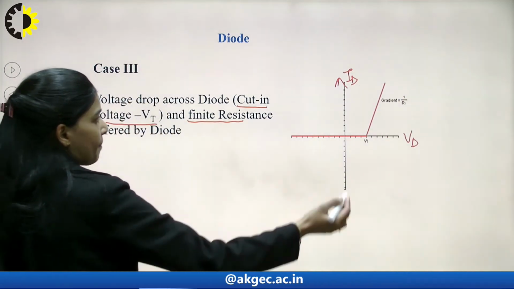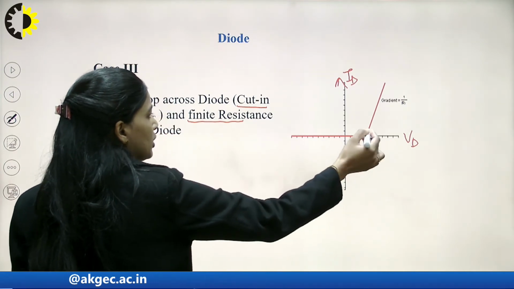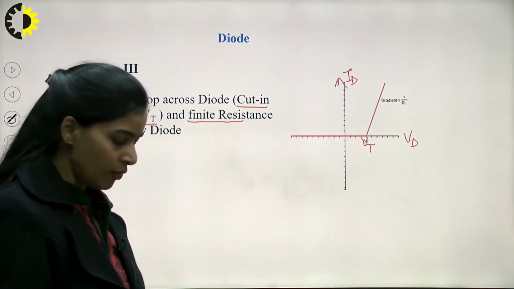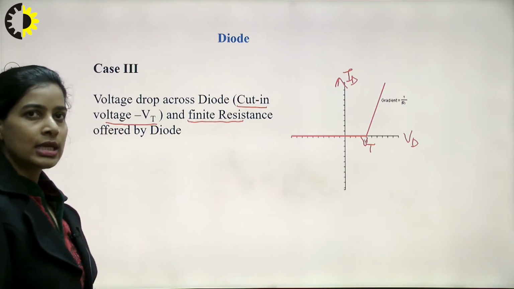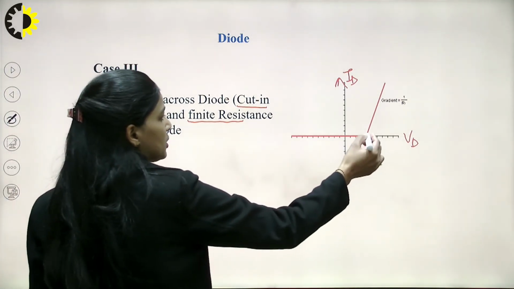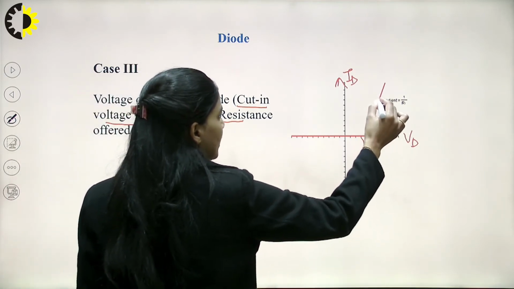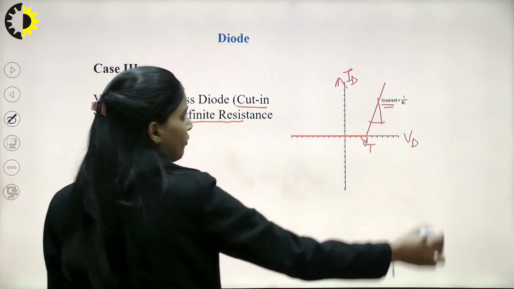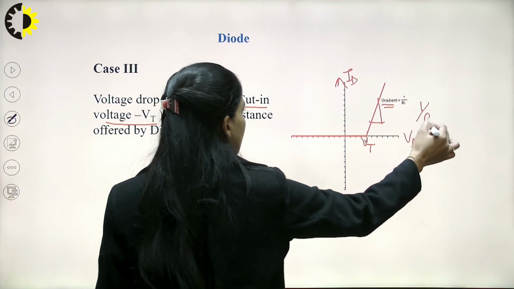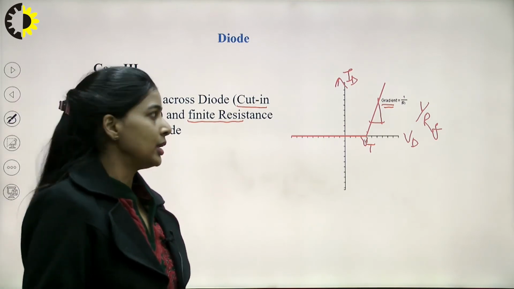As the voltage increases and reaches the threshold voltage, the current does not increase sharply as in the previous case, where we considered 0 resistance offered by the diode. Here we have finite resistance, so the current will increase slowly with some slope, and the gradient of this line will depend upon the value of resistance, that is 1 upon Rf, where Rf is the forward resistance offered by the diode.